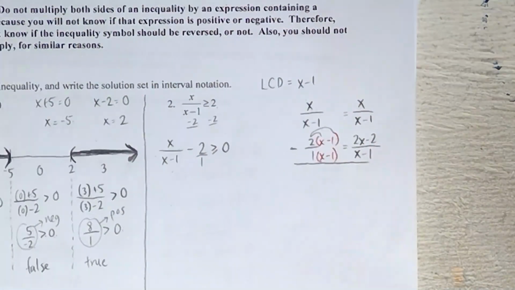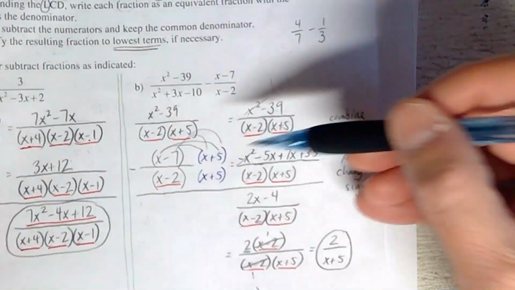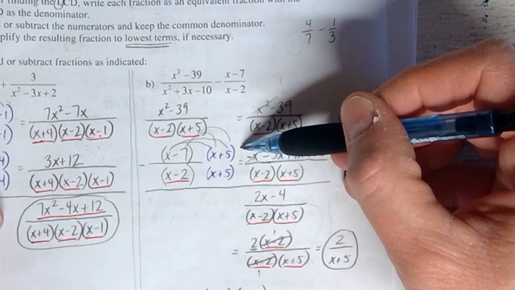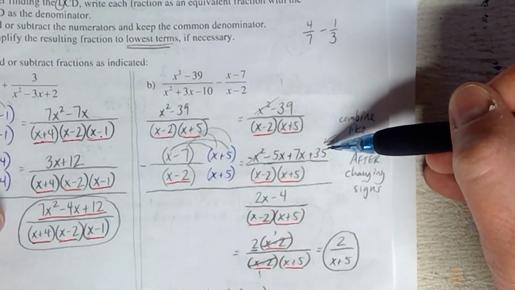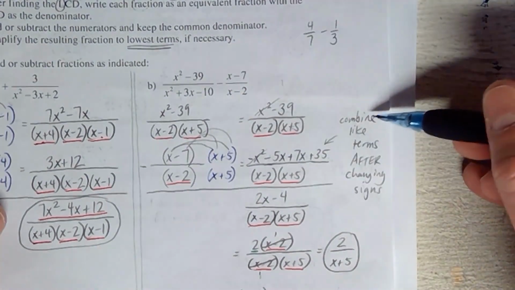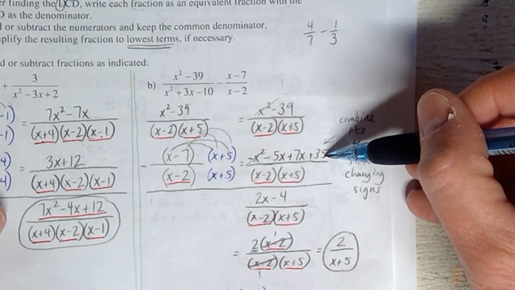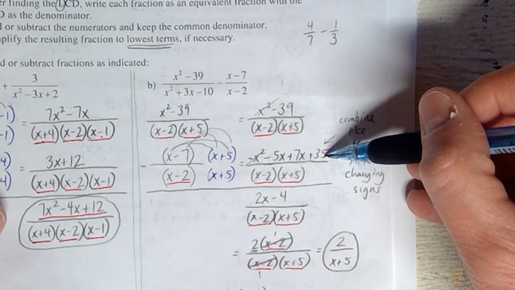Now, here's the thing. If you don't remember this, in the prerequisite review packet, it reminds us that after you get rid of the parentheses here, because we're subtracting, you need to change the signs of all the terms in the second numerator.